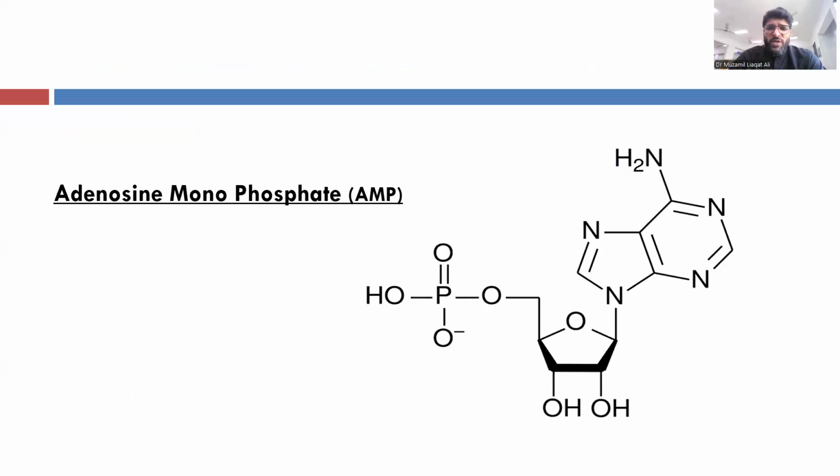Now, let's move to cyclic adenosine monophosphate. ATP is converted to cyclic AMP, or cAMP, by the enzyme adenylyl cyclase. cAMP is the classic second messenger that amplifies the original signal inside the cell. I will show you exactly how this conversion occurs and why it is so powerful.